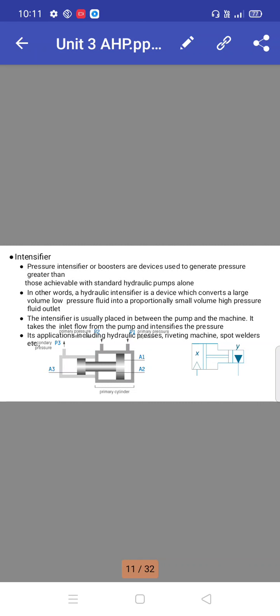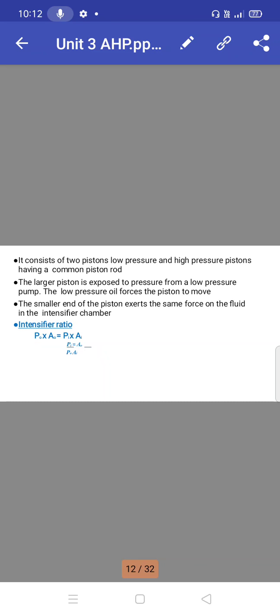It takes inlet flow from the pump and intensifies the pressure. The applications include hydraulic presses, riveting machines, spot welders, etc. It consists of two pistons, low pressure and high pressure pistons, having a common piston rod.